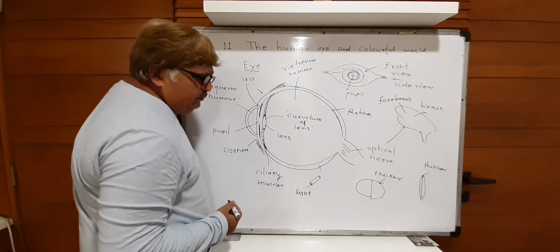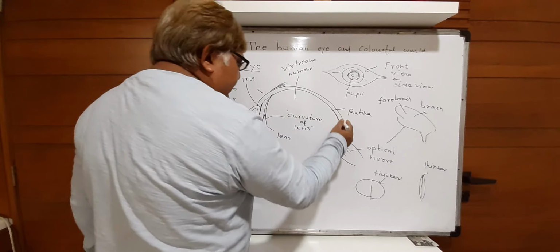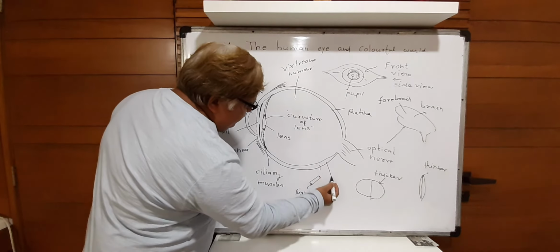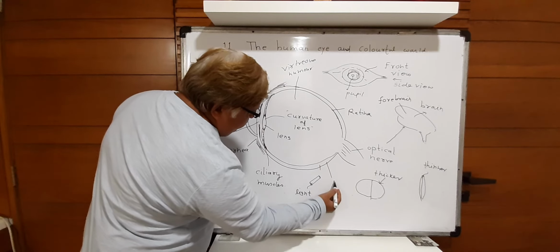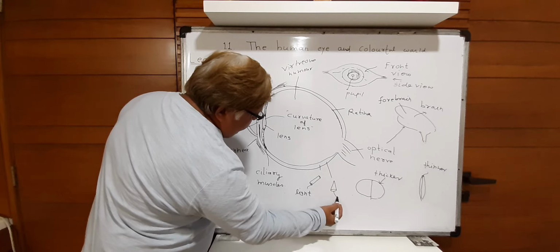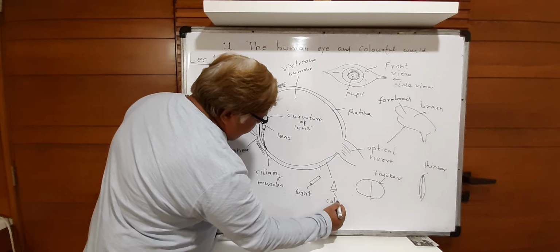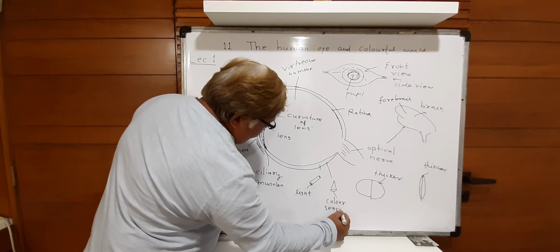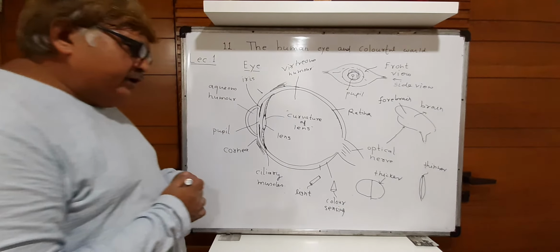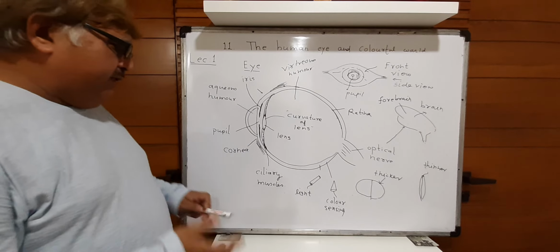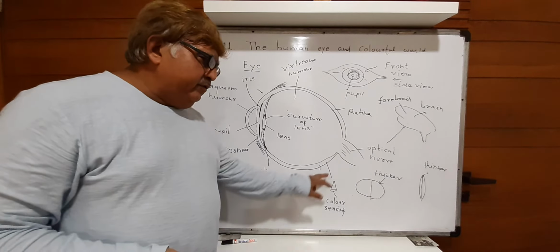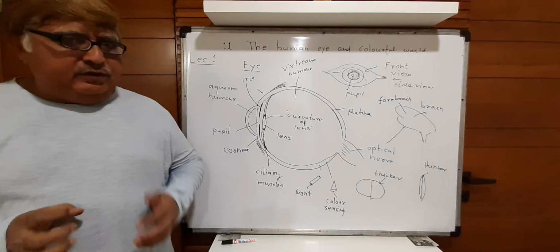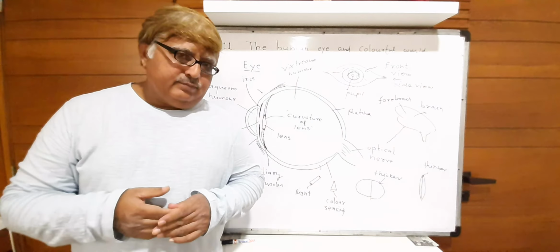Not only does the retina have light sensitive cells, but it has cone shaped cells also, which are actually color sensing cells. Color sensing is present on our retina, though it hasn't been mentioned in the textbook, but we have covered it. Cone shaped cells are actually sensing the color of the object.